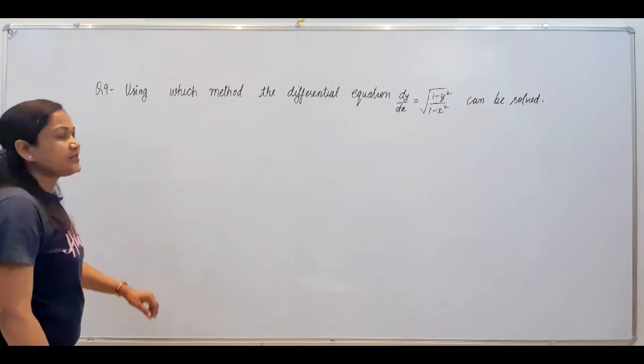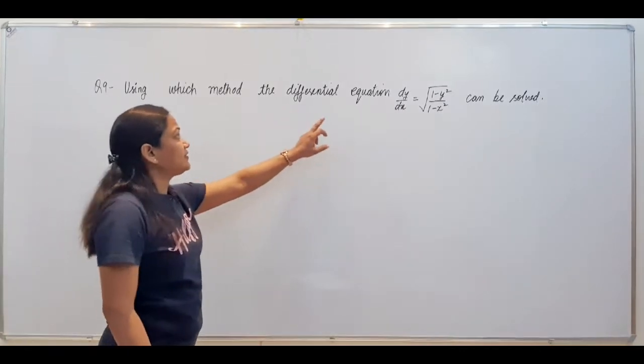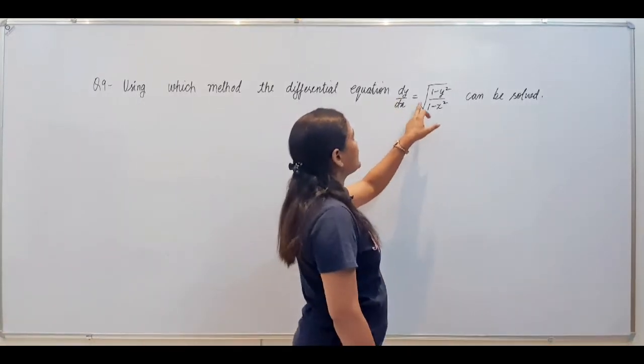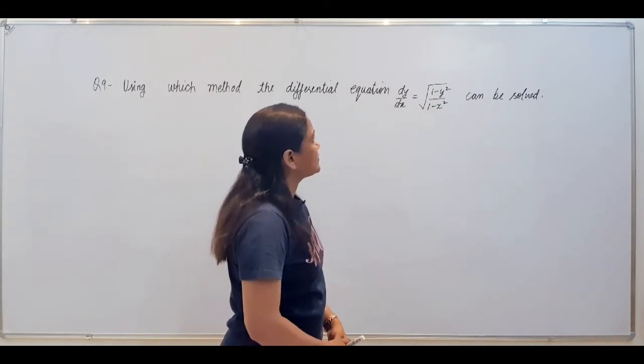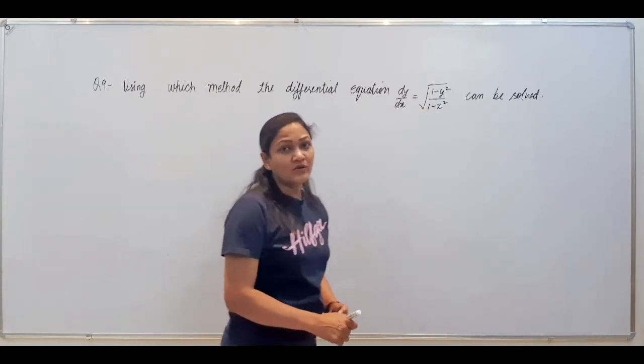The optional part of question 9 is using which method the differential equation dy by dx is equals to root 1 minus y square upon 1 minus x square can be solved.